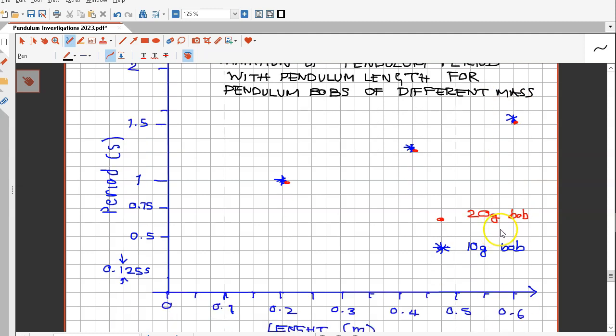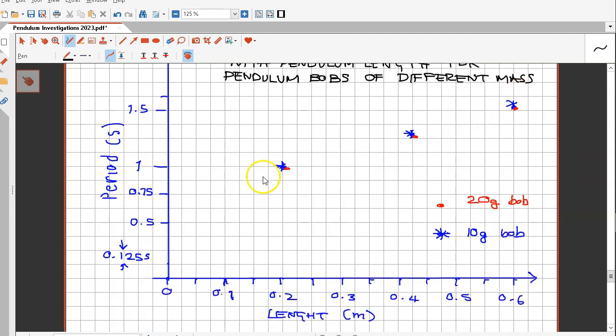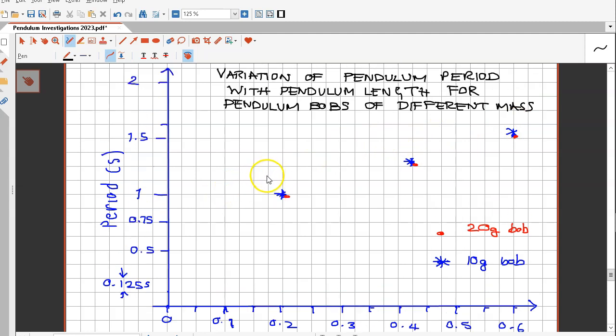All right, so we're looking at this. It looks pretty much like a straight line. If we did it carefully, it would actually look like it had a slight curve to it, but it's pretty interesting. It can't be a straight line because that would indicate if you had a pendulum of 0 length, then the period should be about 0.75 of a second.